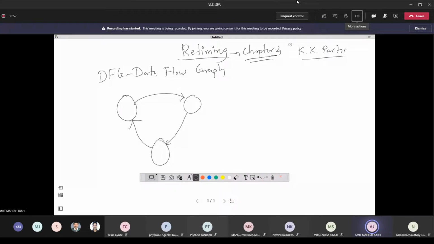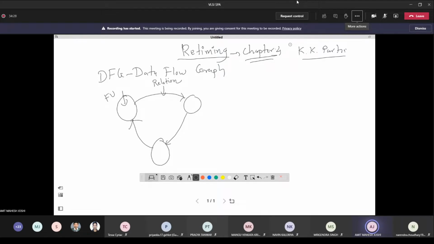Now, this node is my functional unit and these edges define the relation. So a node in a graph is a functional unit, and it could be anything: adder, multiplier, a Pordic block, anything.